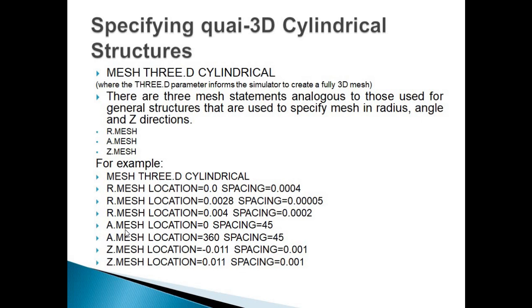The location and spacing on the a.mesh line specify location and spacing in degrees of rotation about the z-axis. The z.mesh lines are exactly the same as we have already discussed in the last slide. Next slide please.